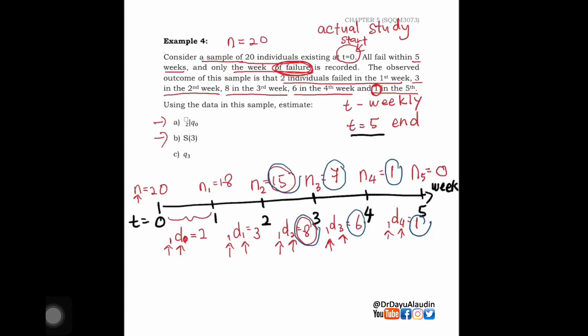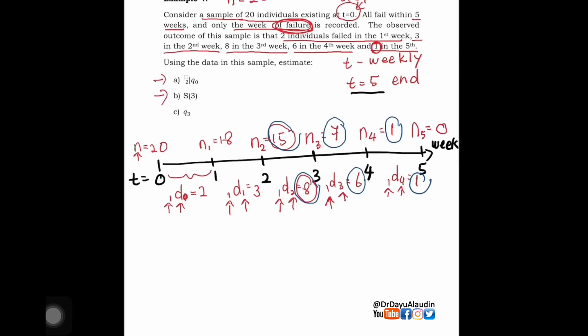Okay, now we already get the information for nt and dt. So now we can calculate the estimators given. So A, the conditional probability of death. So you have to refer to the formula.